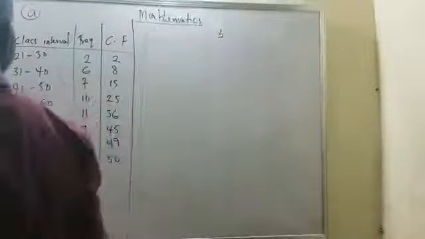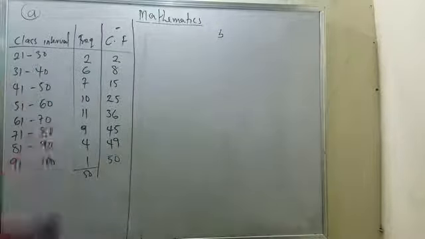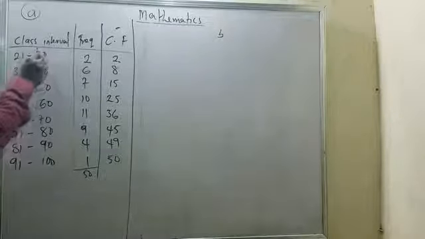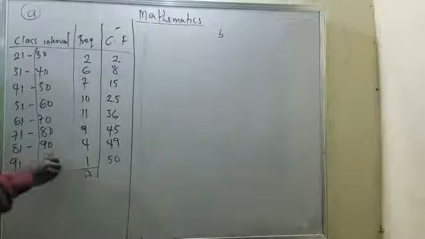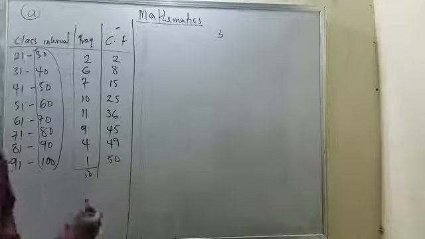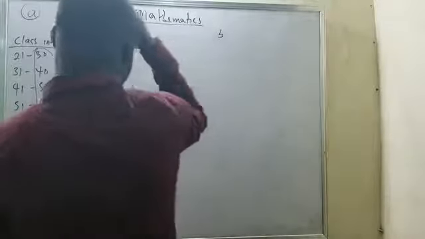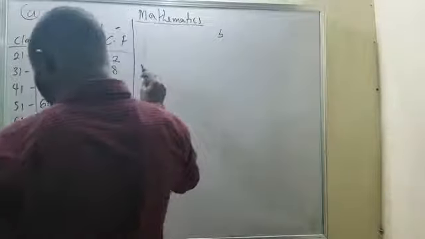This is my cumulative frequency. This is my score. My scores start from 30, and I will use the upper class interval boundary for the horizontal axis. Now, my vertical axis will be what?